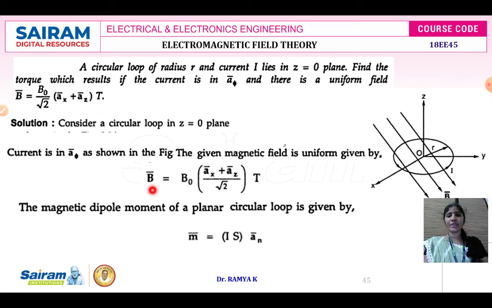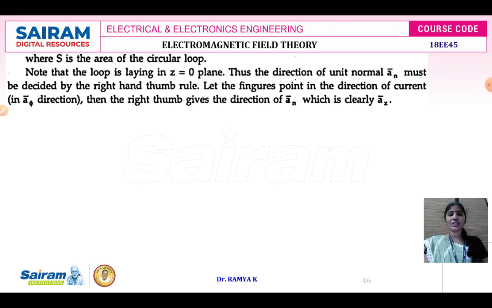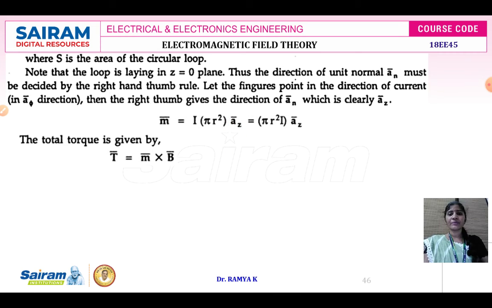Therefore, the value of B is given in the problem. The magnetic dipole moment formula is I into S. S is the surface area, considered only along the rho and phi axes, with z equal to 0. Therefore, we can write M is equal to I into the surface area pi r square, in the Az vector.